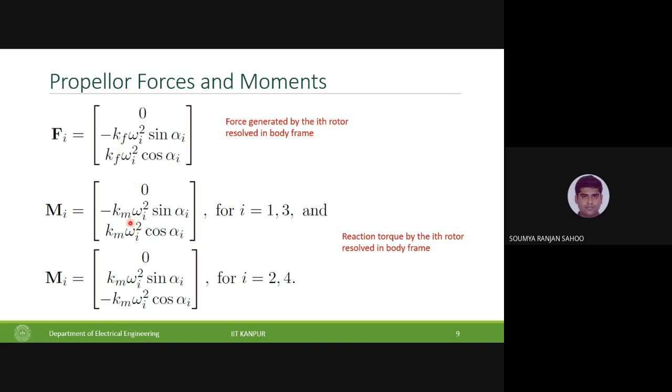The drag force, or the torque that you are getting, is also dependent on omega_i squared, the square of the angular speed of the ith propeller, and k_m is what we call the torque coefficient or the drag coefficient.